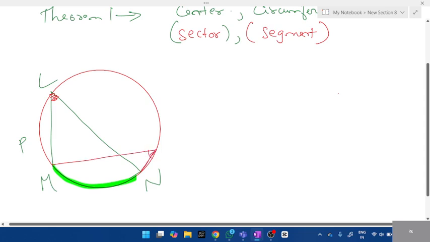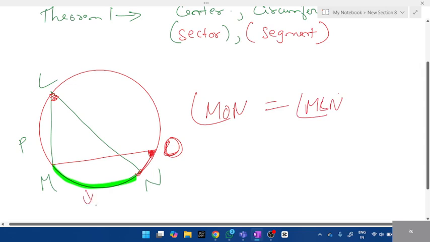But their angle will be the same. Angle MON will be equal to angle MLN. They're on the same arc. The arc is MN. The green one is the arc.